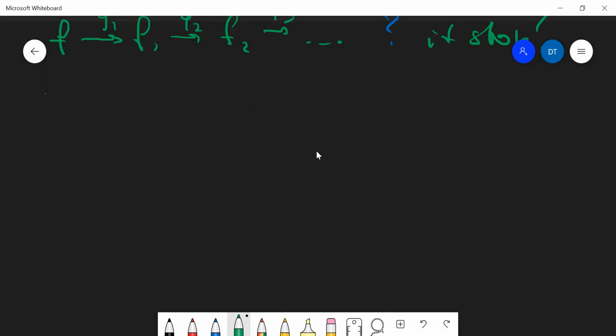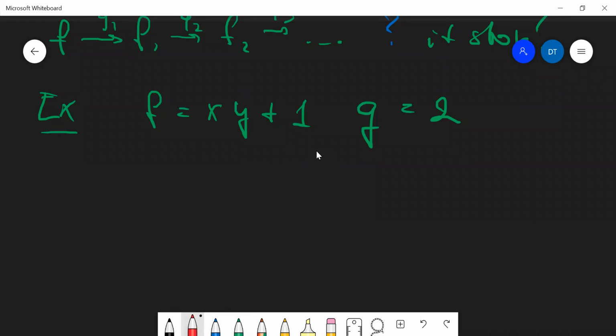Let me show you an example. Your polynomial f is something like xy plus 1, and the polynomial g is 2. Then the leading monomial of g is 1, considered as an empty product of variables, and 2 is the leading coefficient.